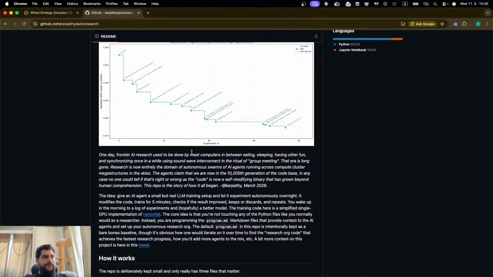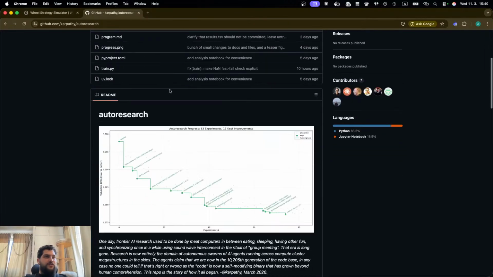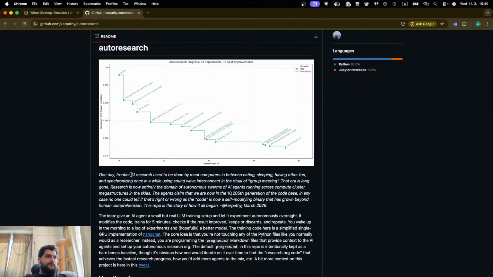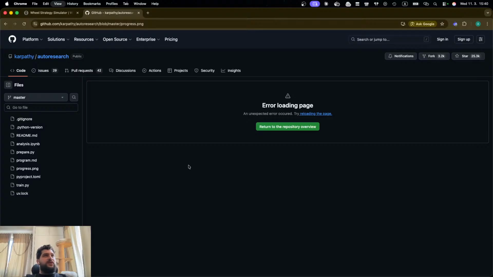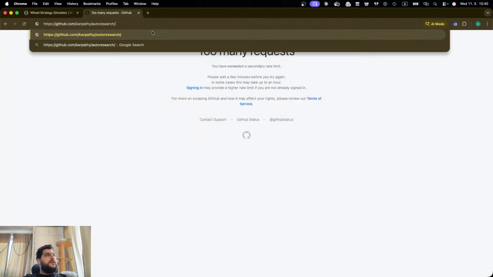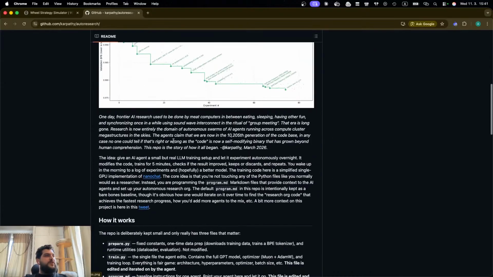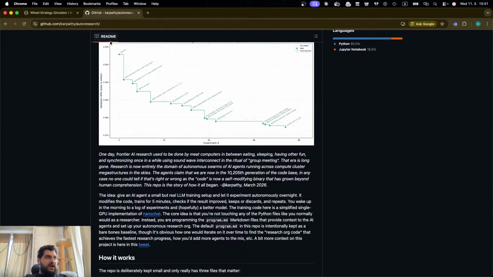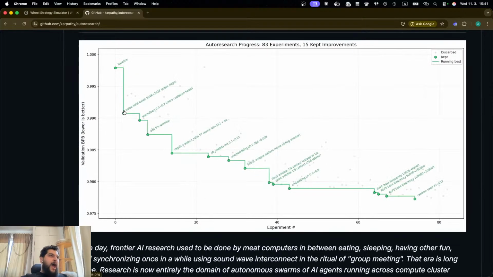And what he shows here is the auto research pattern, I would say, which basically means that it runs the research and tries to make an update unless the result metric improves. And this is basically what you can see here.